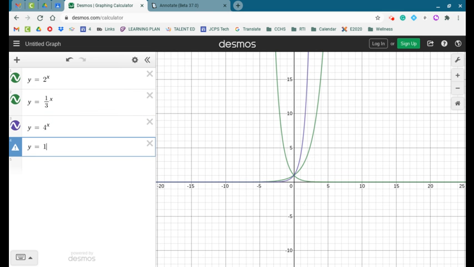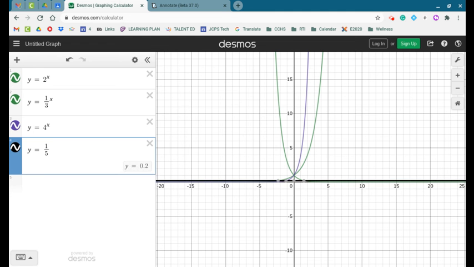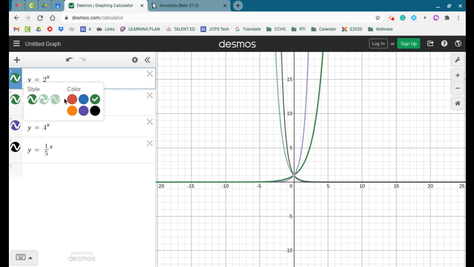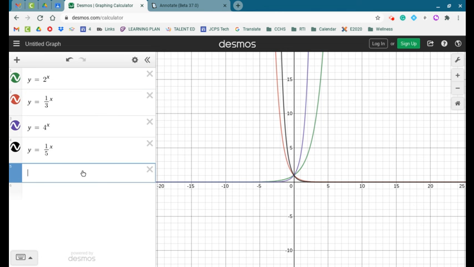And y equals 1 divided by 5 to the x. Okay, so this first one, let's change this color. Let's change it to red.